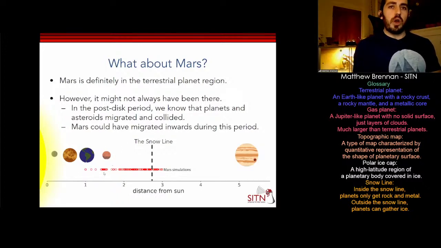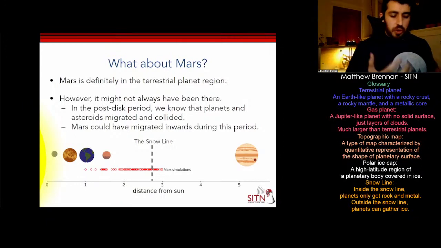If you want to match the current orbit of Mars, you almost always end up with a planet that's not the right size. So to match the actual properties of Mars that we see today, it's much more likely that you form Mars closer to the snow line, further out in the solar system, where it would have been able to gather some water by condensed ice, and then have it migrate inwards later.